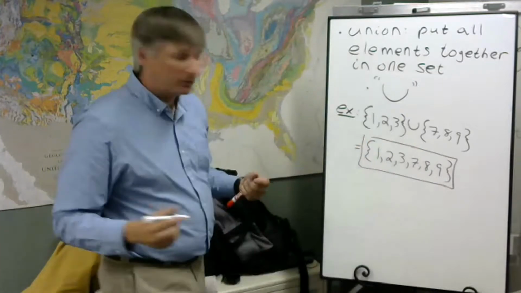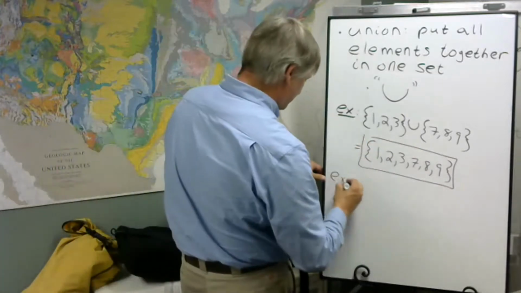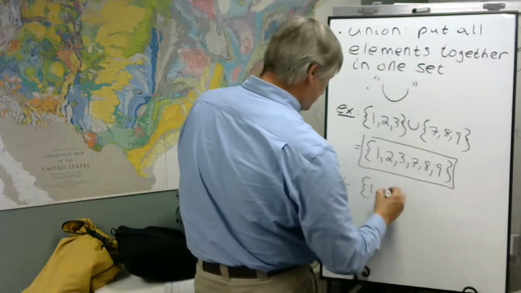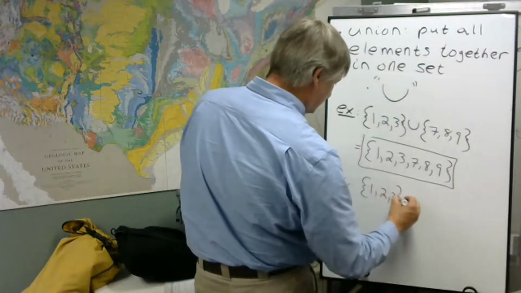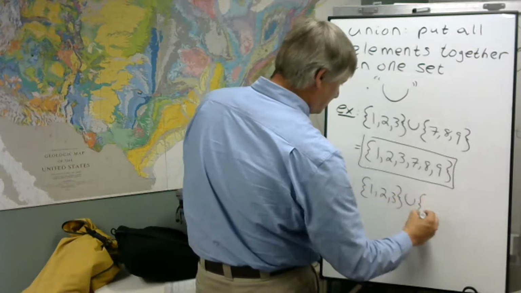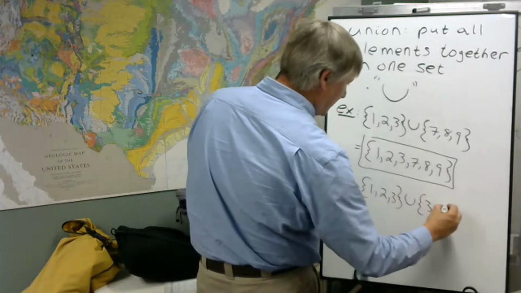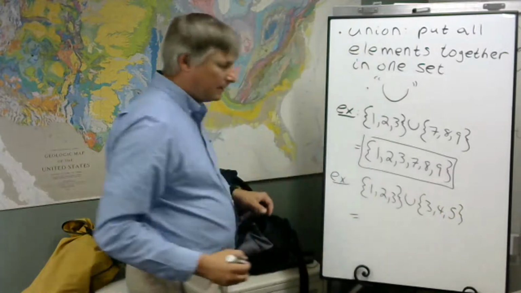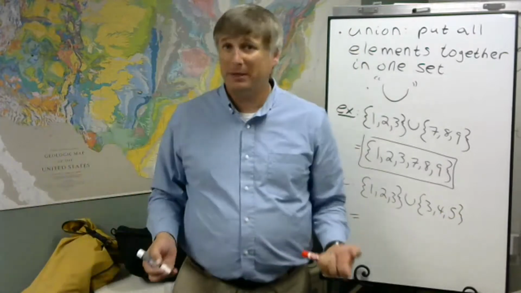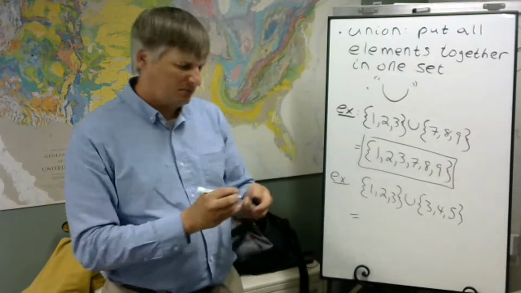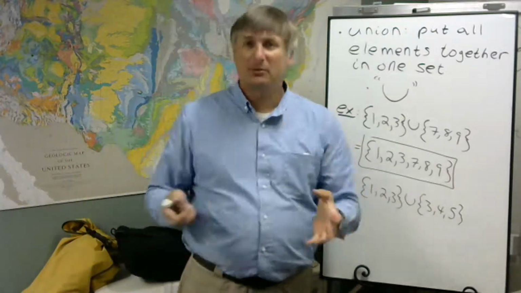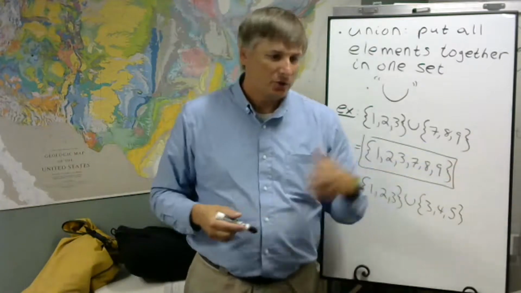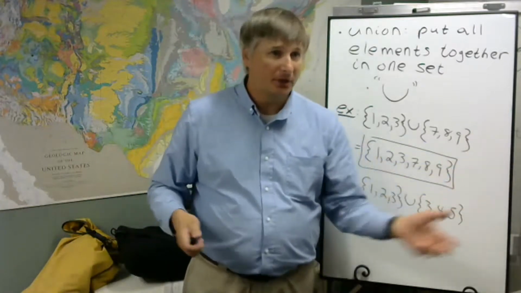Now, sometimes sets could overlap. So let's say we have this. 1, 2, 3, union 3, 4, 5. Now remember with sets, we don't have repeated elements in sets. Sets list types of objects. If you have a formal list, say, you could have repeats of the same object.